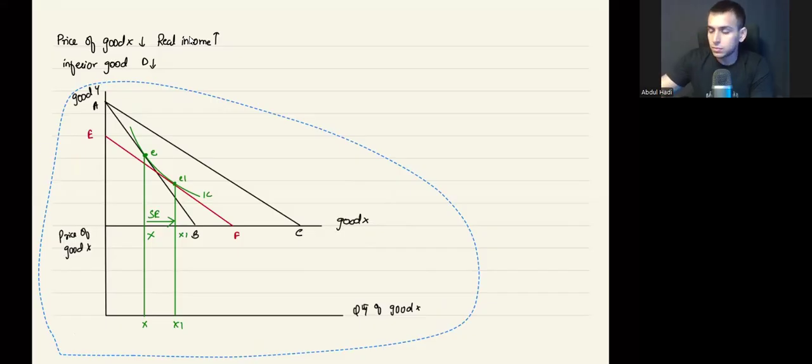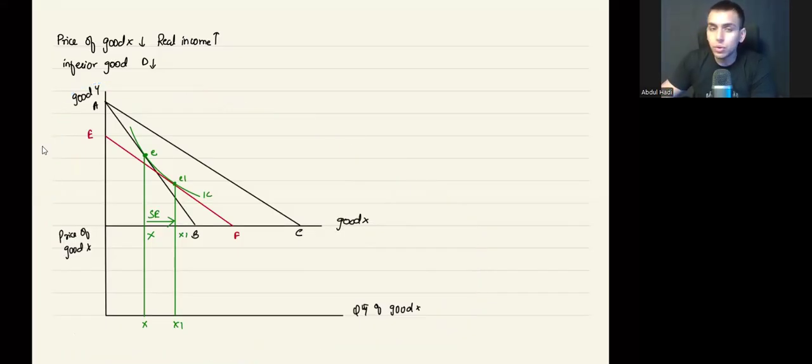Right. Good. Now we have to show inferior good, and I'm operating at quantity X1, which means that the new equilibrium quantity will decide whether my good is normal or inferior. So I'm operating at X1, and inferior good says that if your income level is rising, your demand should fall. So you should move backwards. Your new equilibrium should move backwards.